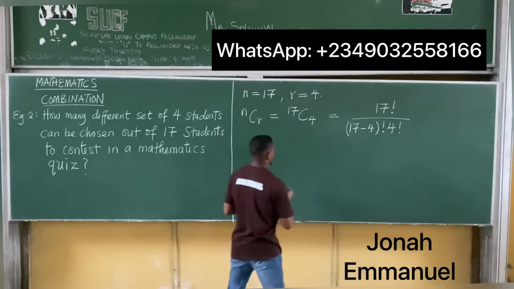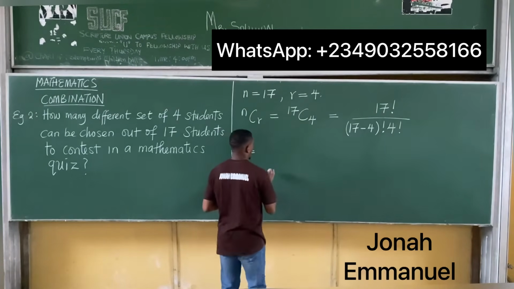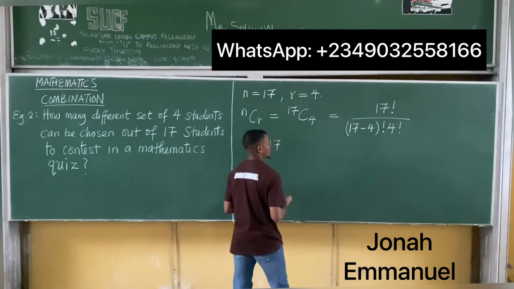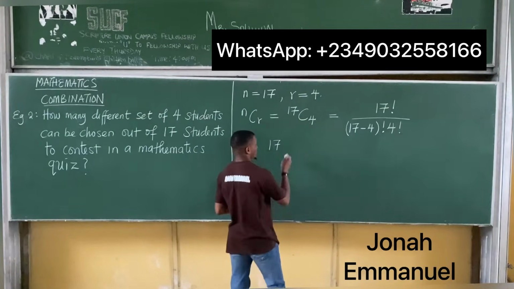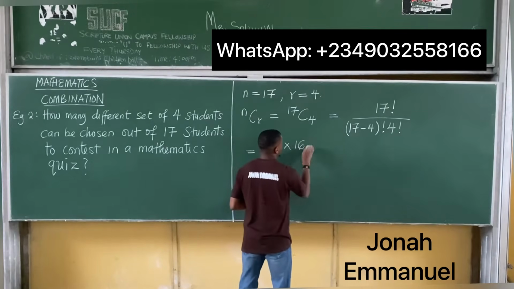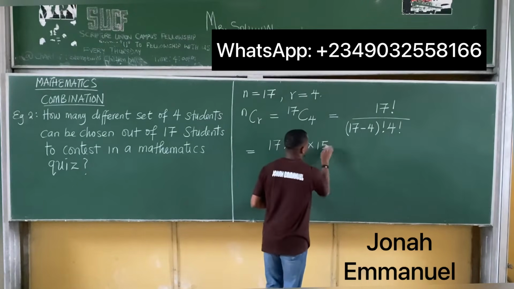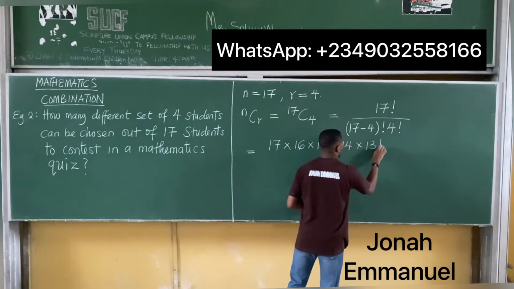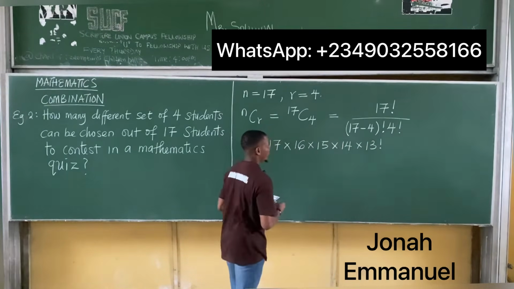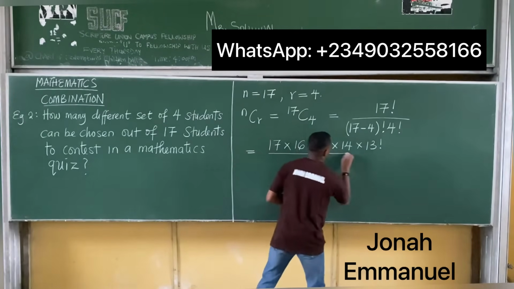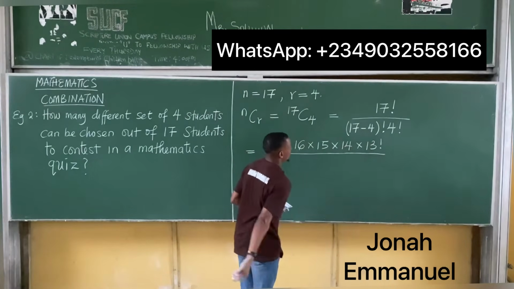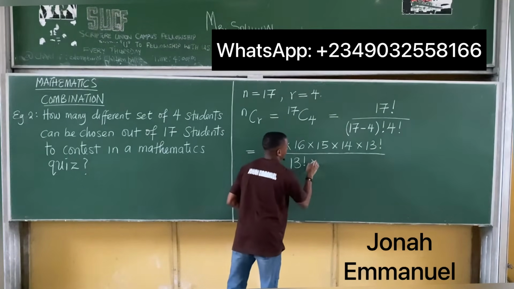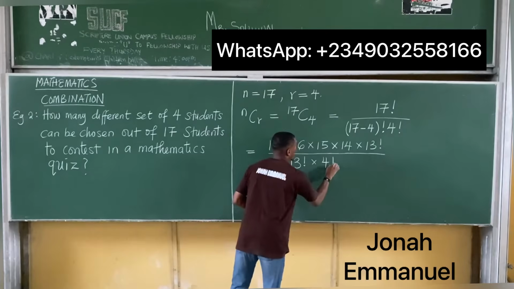So work on this. If I do 17 minus 4, I'll have 13. So I'll stop at 13 factorial. So 17 times 16 times 15 times 14 times 13 factorial all over 17 minus 4, I have 13 factorial multiplying 4 factorial.